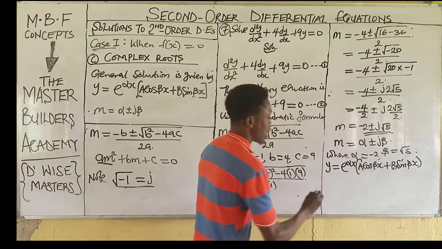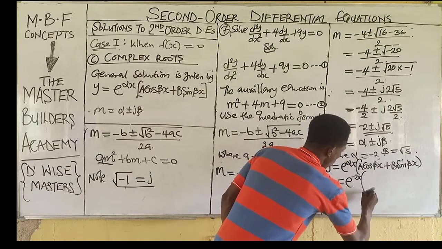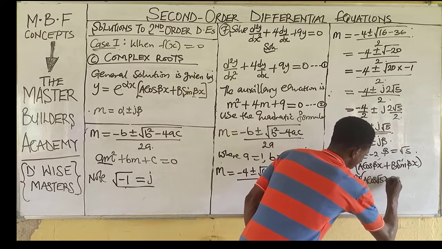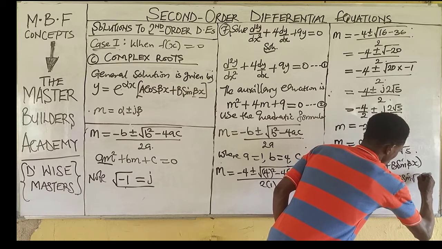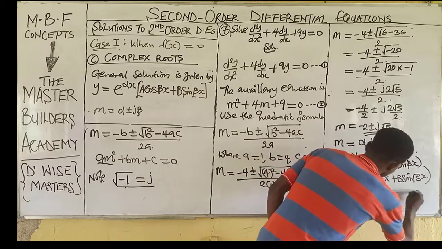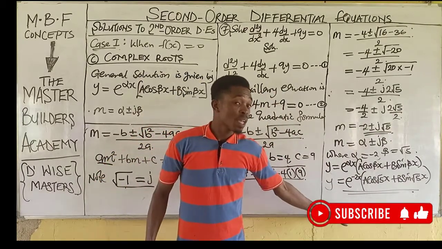So now what is alpha? Alpha is minus 2, so y equals e to the minus 2x, open bracket, a cos root 5x plus b sine root 5x. This is the answer to this second order differential equation.